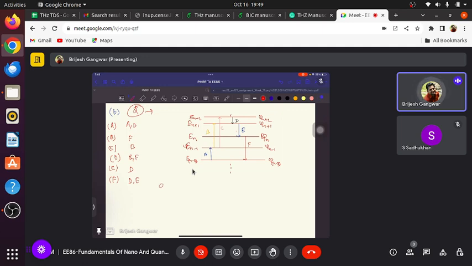So A dagger is, sorry, A is lowering, right? So only one time lowering is D and E. So D and E option will be correct.